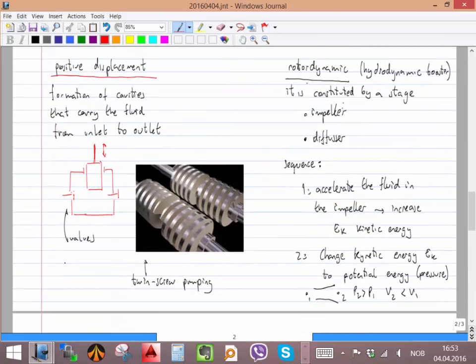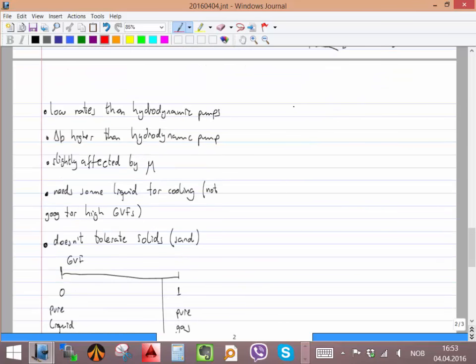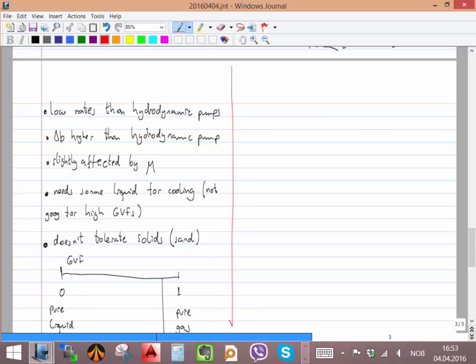Then in the rotor dynamic we have two main subdivisions, or I could say three. Depending on the type of the impeller, we have the radial impeller, we have the mixed flow impeller, or we have the axial impeller.